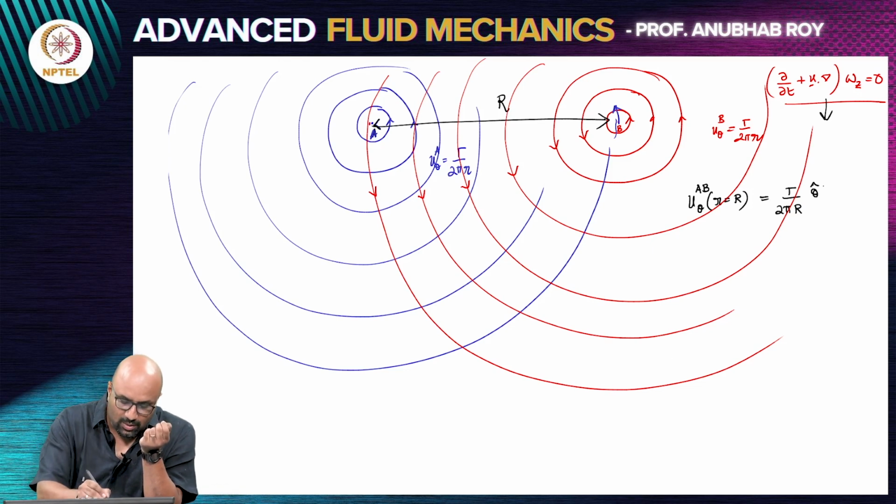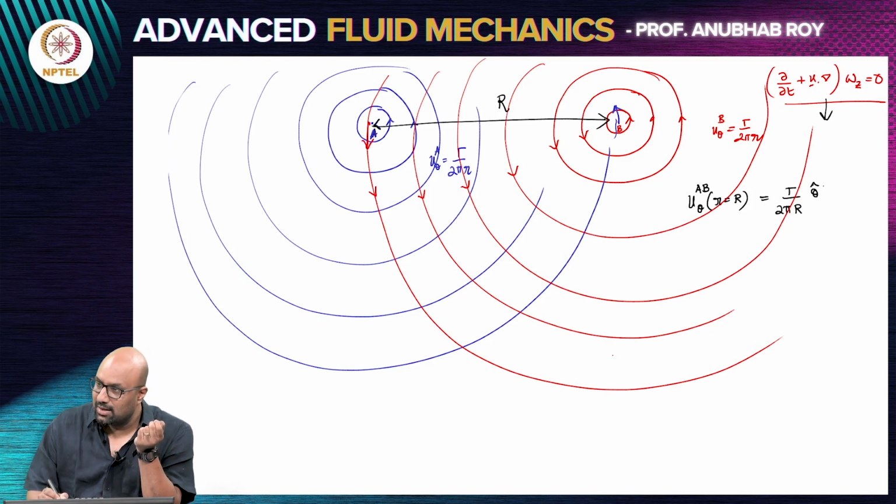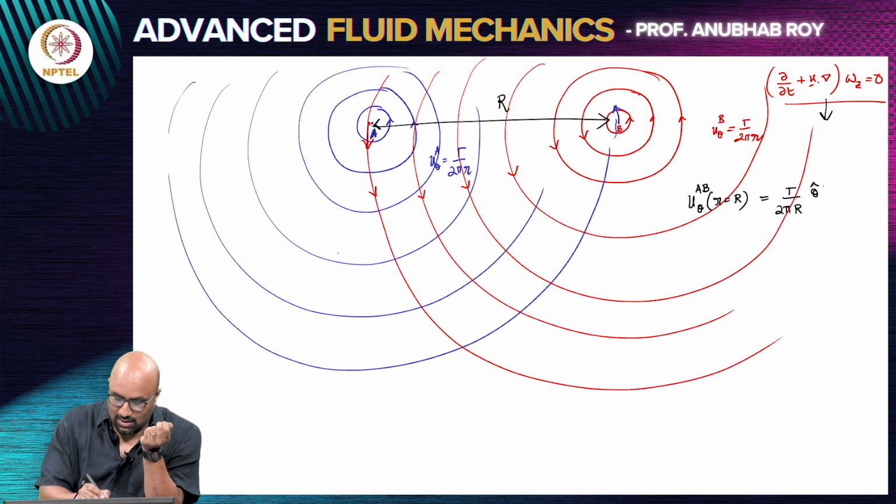So now if you were to consider the vortex at A, this guy can also not stay stationary. This chap is also experiencing a velocity due to the vorticity at B, from B at the location A, and once again it is evaluated at the same point, that goes as gamma by 2 pi capital R theta cap.